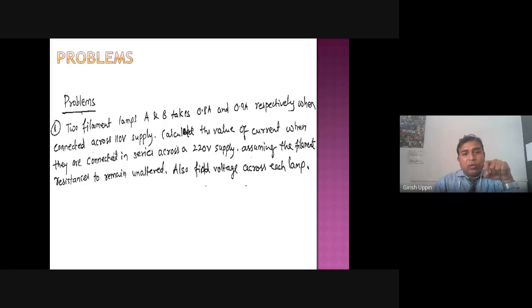And I told you, whether it is a filament lamp or any kind of load, it will be converted into a resistor. A load is always represented as a resistor.